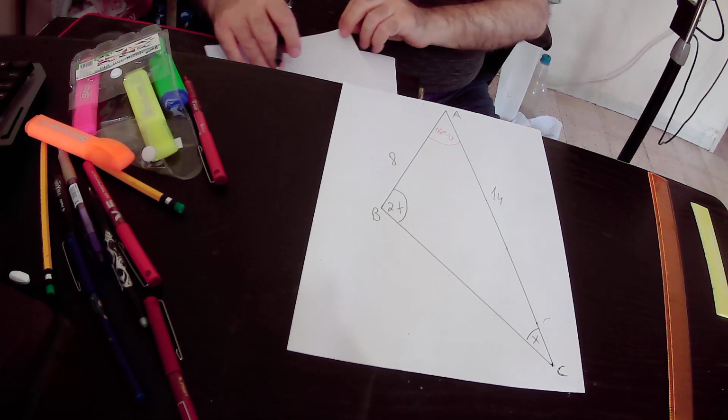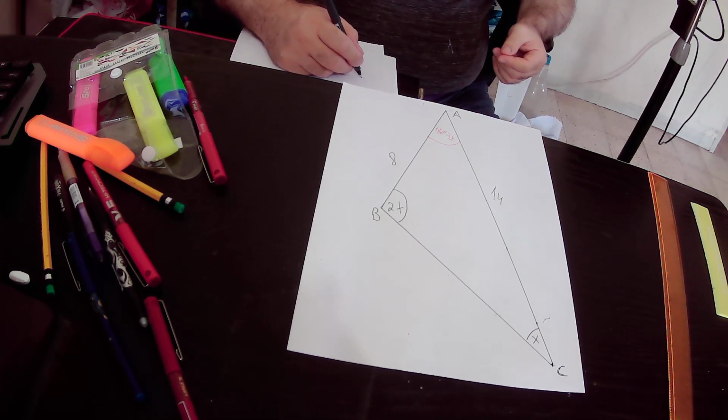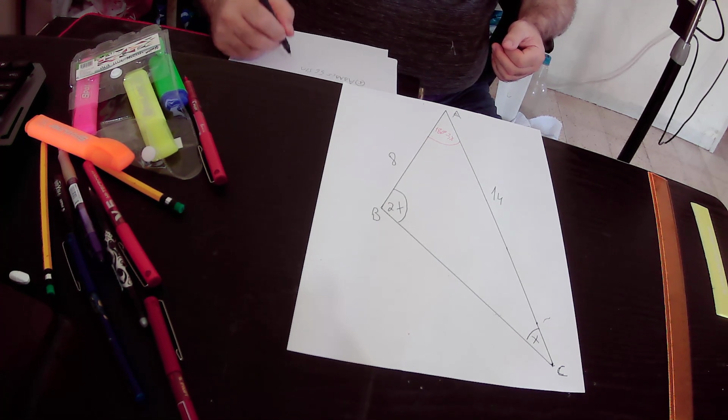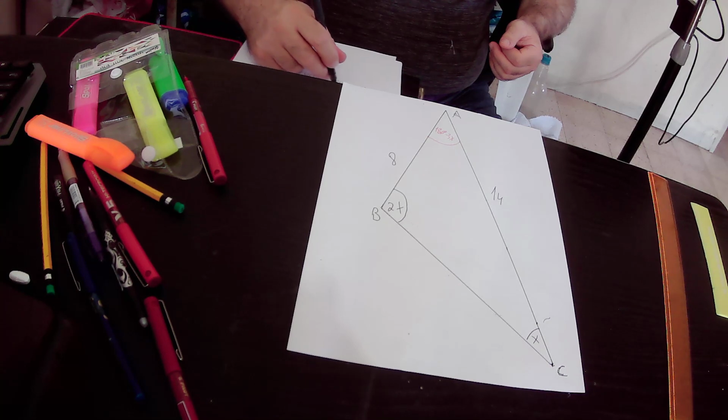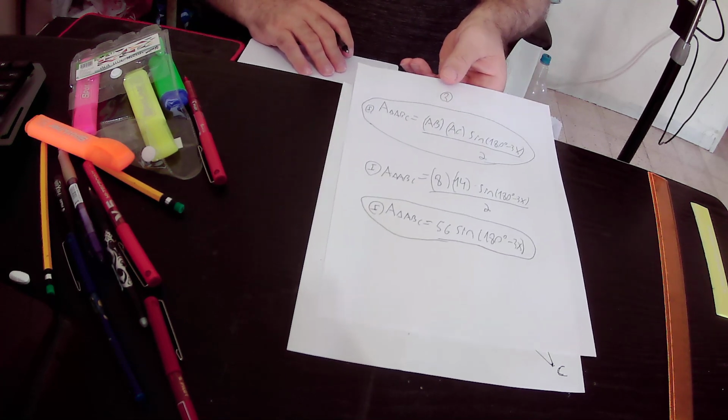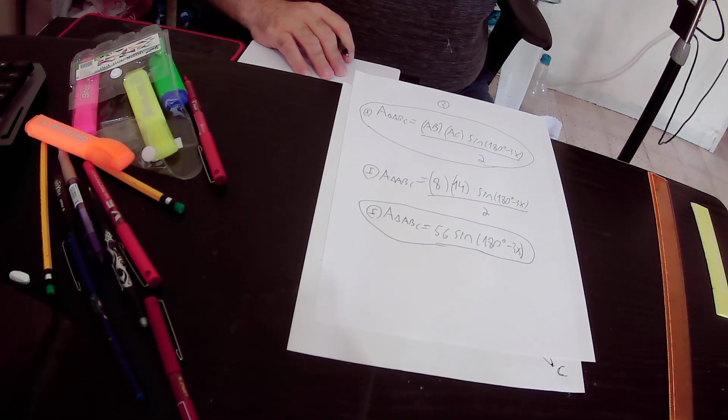The area of triangle ABC equals 56 times sine of 180 degrees minus 3x.